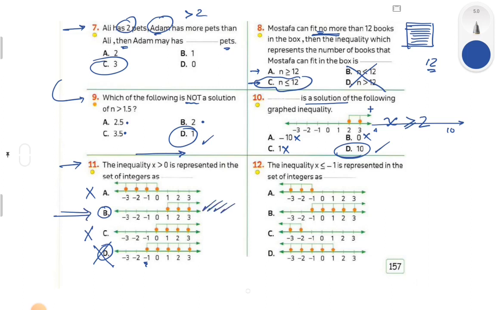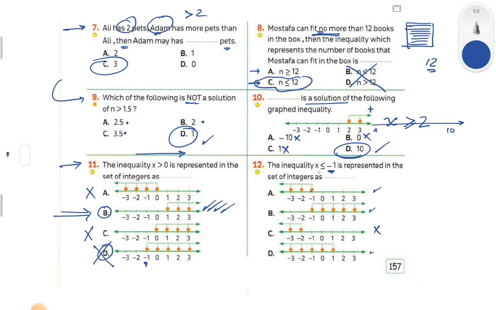Inequality x less than or equal. So negative 1 is a solution. Negative 1 is a solution, it may be right. Negative 1 not a solution, it's wrong. I have equal here. Negative 1 is a solution, it may be right.